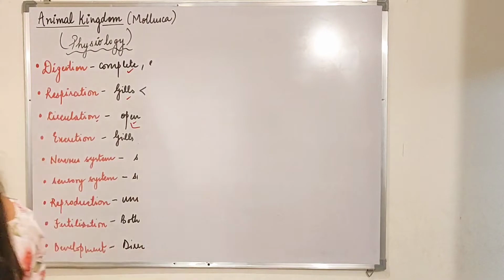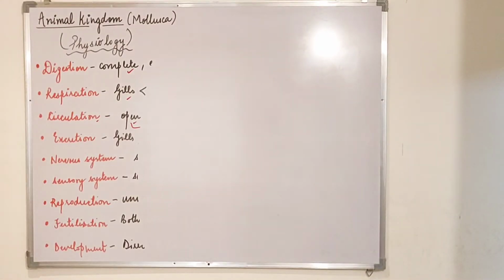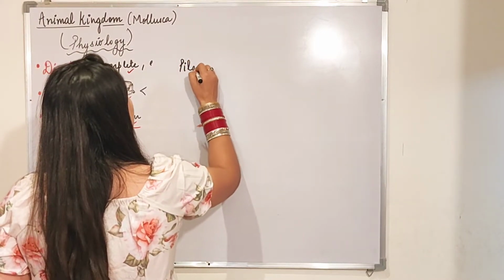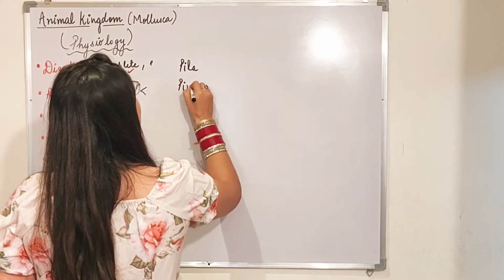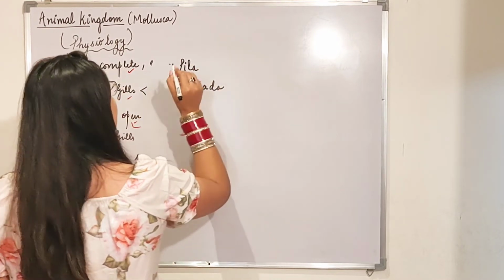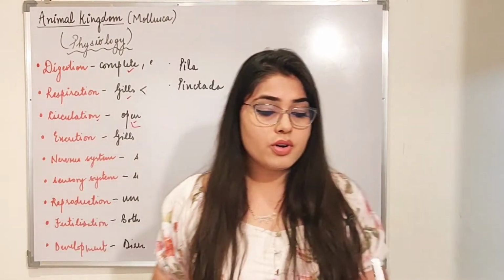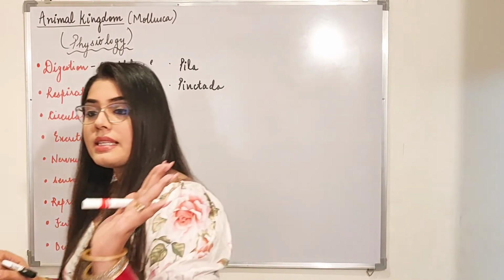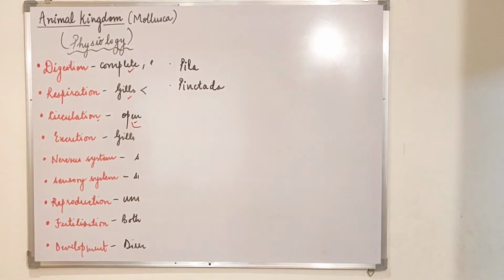Okay, so the first example is Pila, pinctada. Before writing all the examples, I want to say that make sure you are learning these examples by heart because they are very, very important.